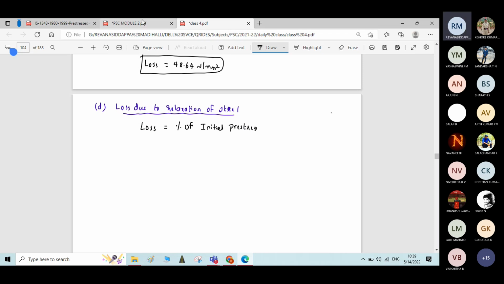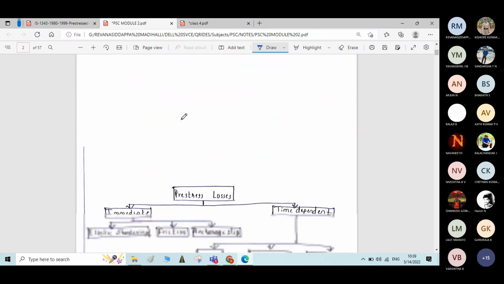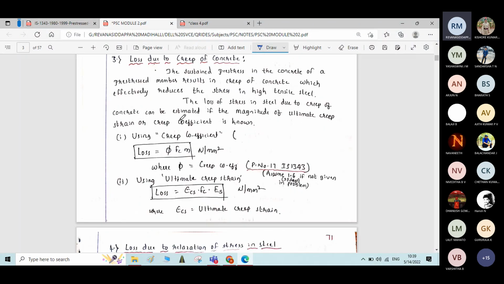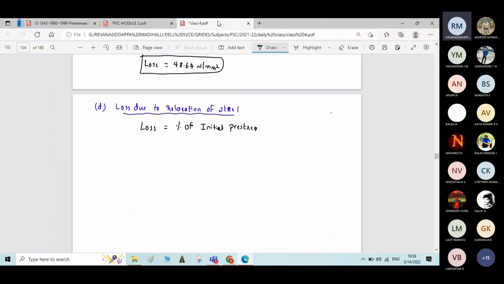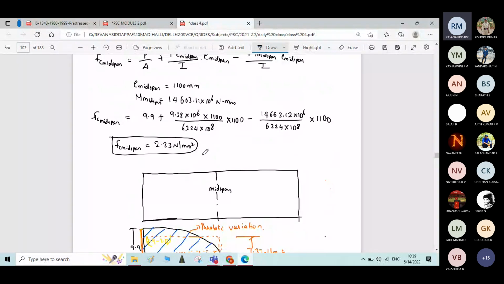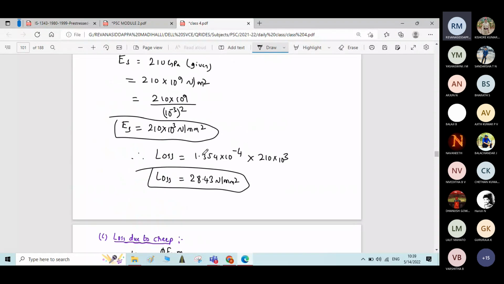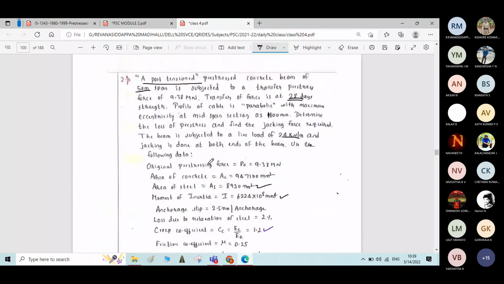Here you can see, loss due to relaxation is calculated as a percentage of initial pre-stress. Initial pre-stress is given in the problem, and the loss of stress due to relaxation is also given. That percentage is also given. Initial pre-stress, how much is it given? Just see.